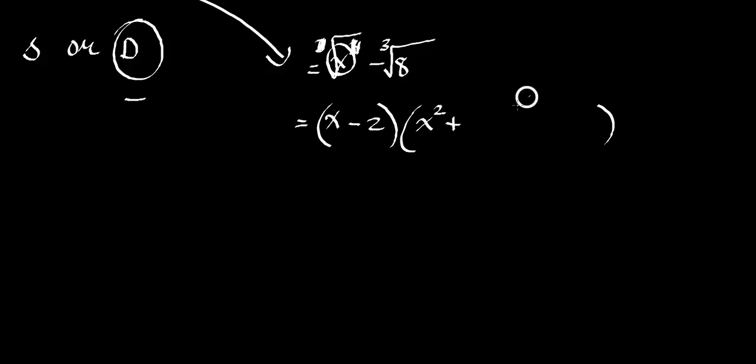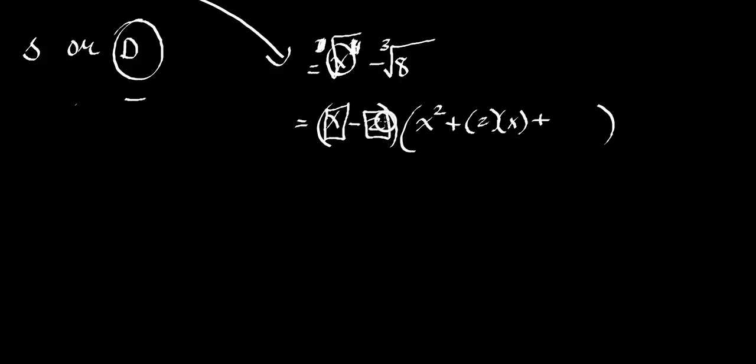What goes in here is this value times this value. So 2 times x, plus. This plus will remain the same whether you're doing sum or difference of cubes. This plus always remains. Plus this last term squared.